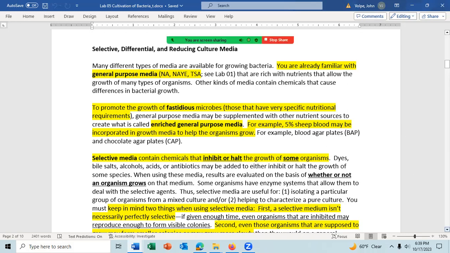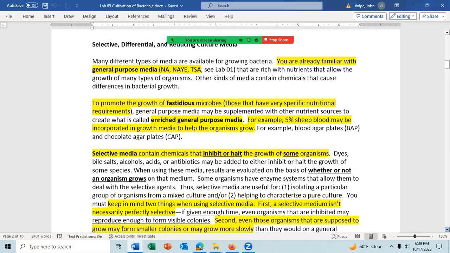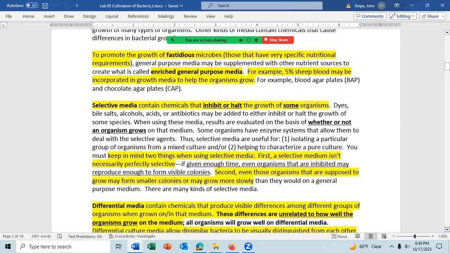There is also selective media, and these media contain chemicals that inhibit the growth of some organisms, but allow other organisms to grow. You should keep in mind 2 things when using a selective media. First, a selective media isn't necessarily perfectly selective, meaning if given enough time, an organism that's selected against can still grow.